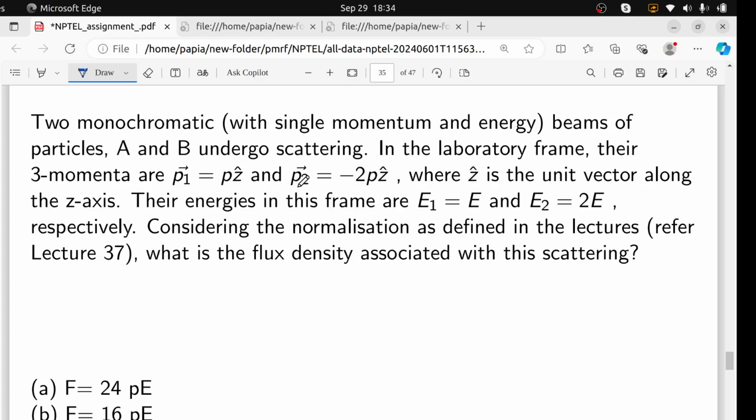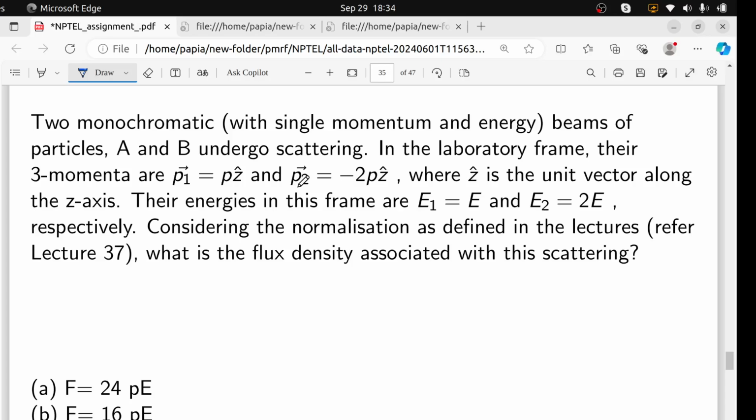So here in the question they have already cited the lecture, which is lecture number 37. So we have to check that one, and after that we will write the flux density expression, and with the help of this expression we have to check what will be the correct answer for this flux.